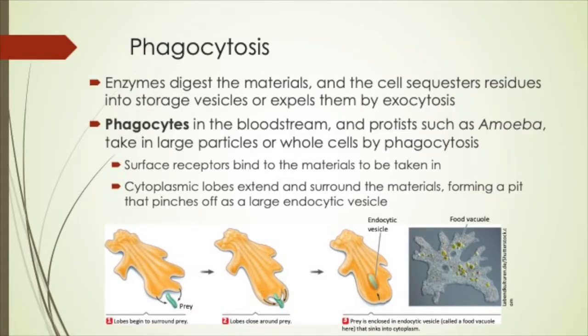So sometimes the cell will just take in an enormous amount of fluid for non-specific reasons. In phagocytosis, this is specifically for feeding reasons. Phagocytosis involves enzymes that break down materials, and then the cell sequesters those residues to store in vesicles and expels any waste product that it doesn't need through exocytosis.